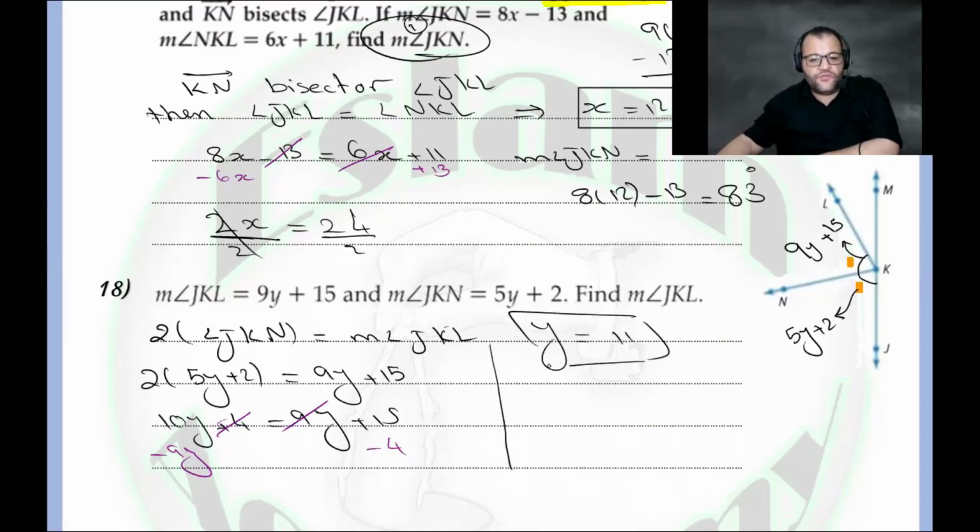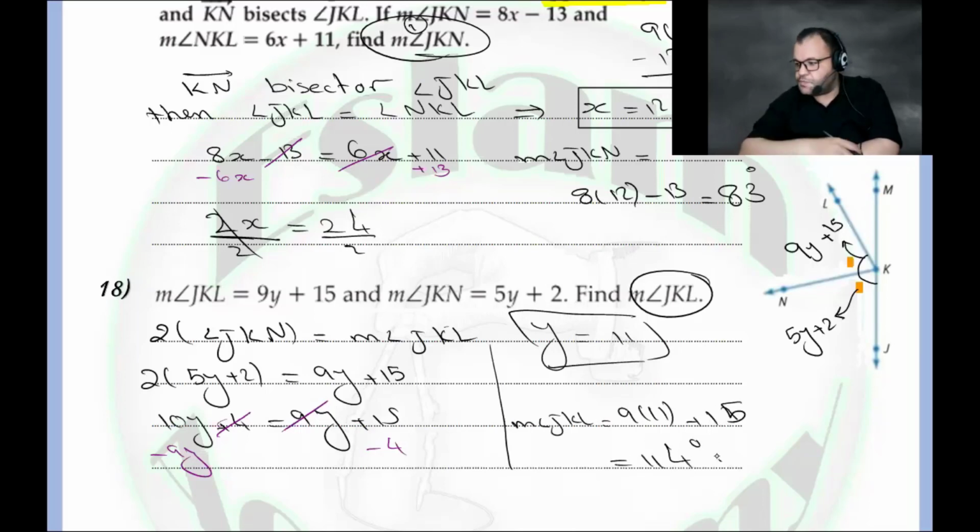But we don't need to find the value of y. We need to find the measure of angle JKL. So the measure of angle JKL is 9 times 11 plus 15, which is 99 plus 15, so it will be 114 degrees.